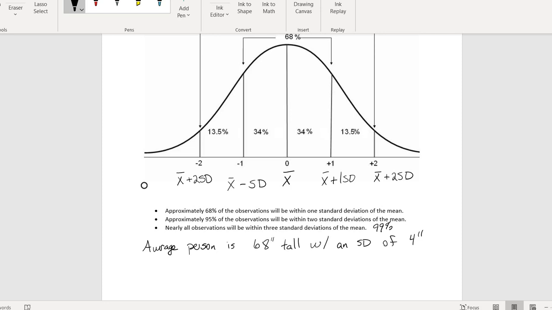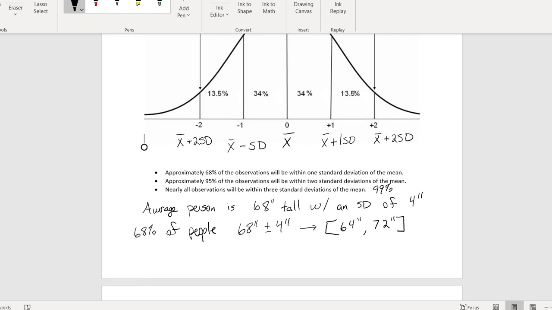What the empirical rule says is that 68% of people are going to be 68 inches tall, give or take 4 inches, which means that 68% of people are going to be between 64 inches and 72 inches tall. That doesn't mean everyone's going to be there. It says about 68% of people are going to be.